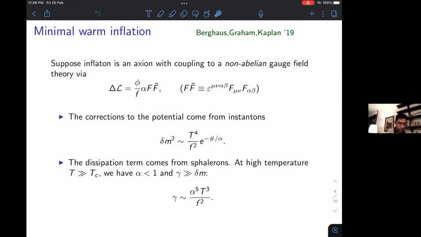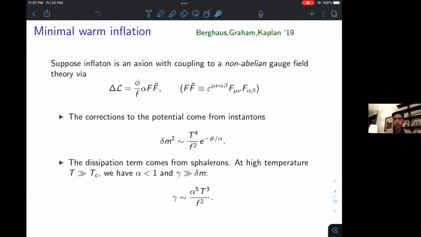If we imagine that the inflaton field is an axion and it has a coupling to a non-abelian gauge theory via F F-dual, so we have phi over f times F F-dual, then in this model the corrections to the potential come from instantons, and they will be exponentially suppressed if we are at weak coupling.